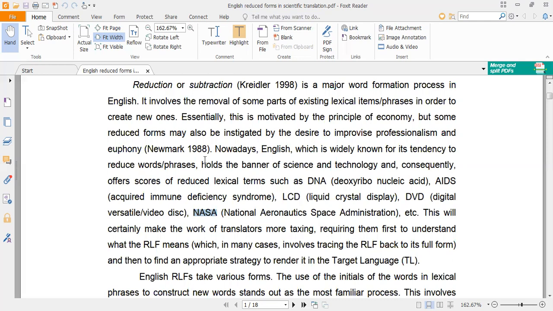Arabic uses this strategy for word formation only limitedly, while English uses reduction frequently.